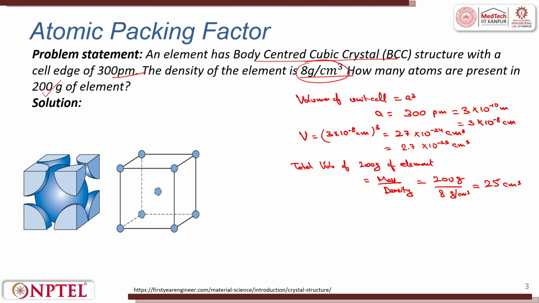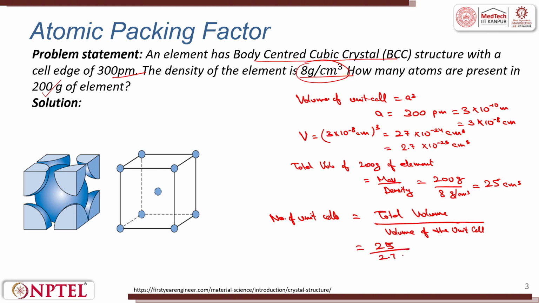Simply, to find the number of unit cells, we will say number of unit cells is equal to total volume of the element by volume of the unit cell, which is equal to 25 by 2.7 into 10 raised to power minus 23, which is equal to 9.259 into 10 raised to power 23.